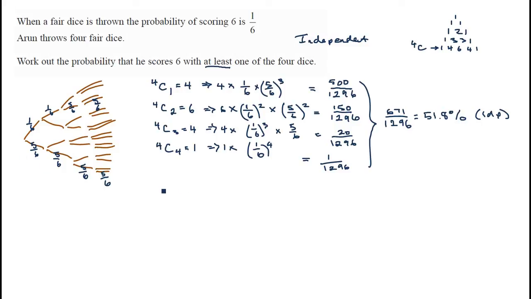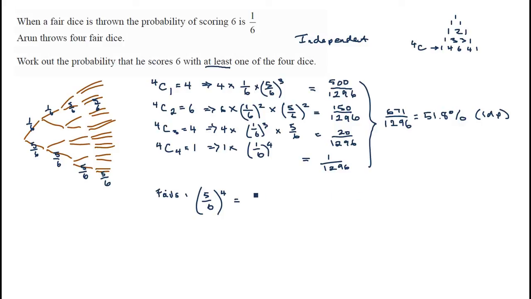We can just go ahead and say if he fails, then it's going to be 5/6ths to the power 4. Okay, what's that going to be? Well, that would be, let's see, 5 raised to the power 4 is obviously going to be 625.